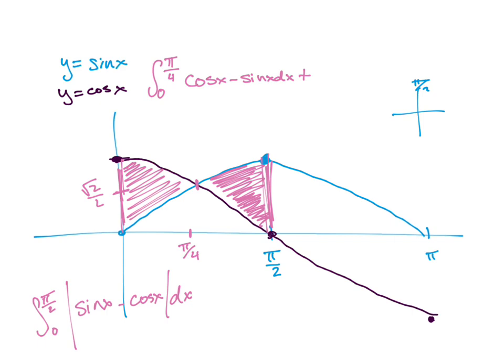The integral from pi over 4 to pi over 2 of sine x minus cosine x dx, because now the sine function's on top. Do you understand what's happening here?